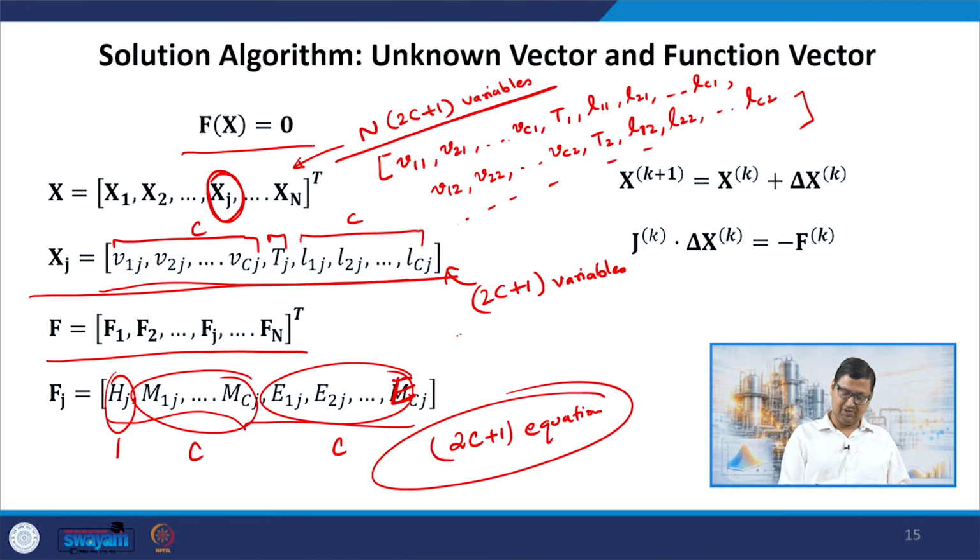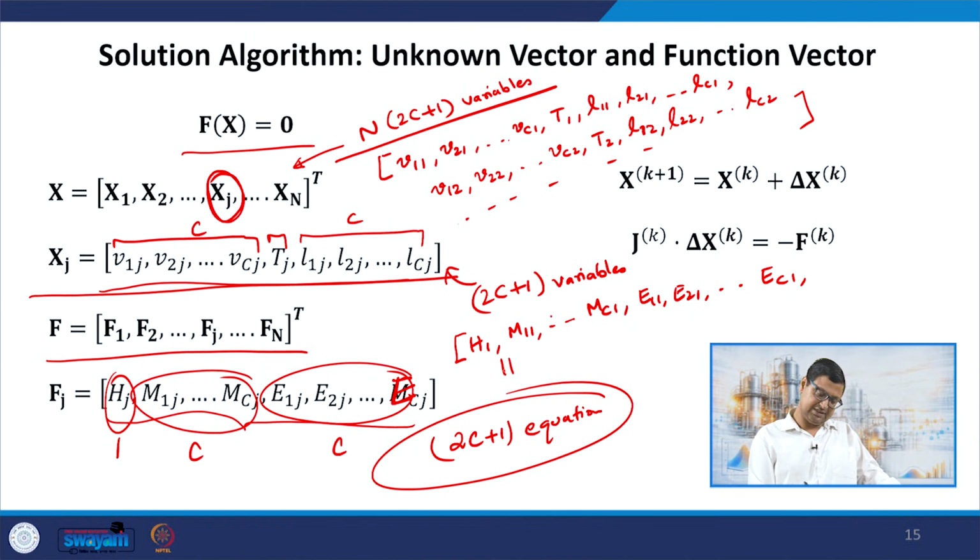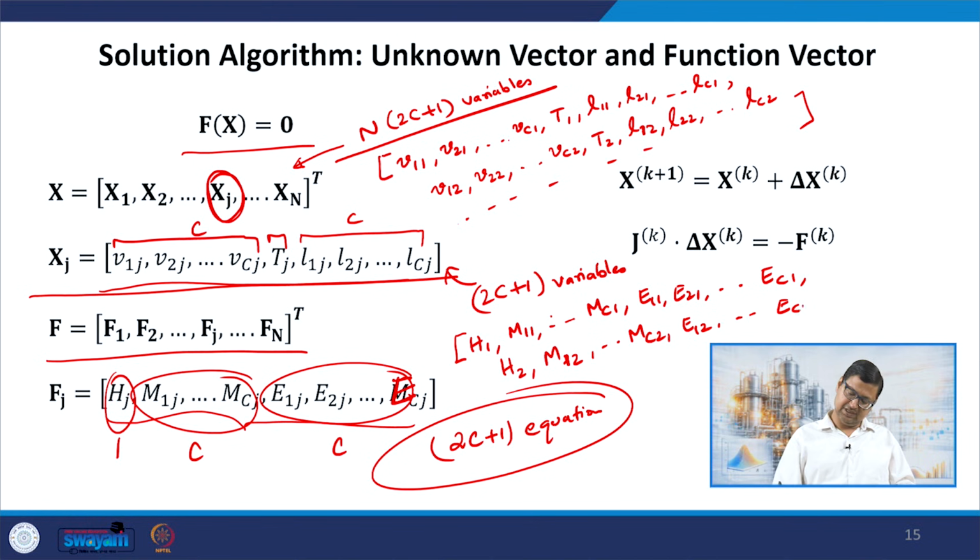So, for example, for the first stage we have H1, M11 until MC1, and then E11, E21 until EC1, and this we follow with the second stage: H2, M12 until MC2, E12 until EC2, and I keep on doing it for all the stages.